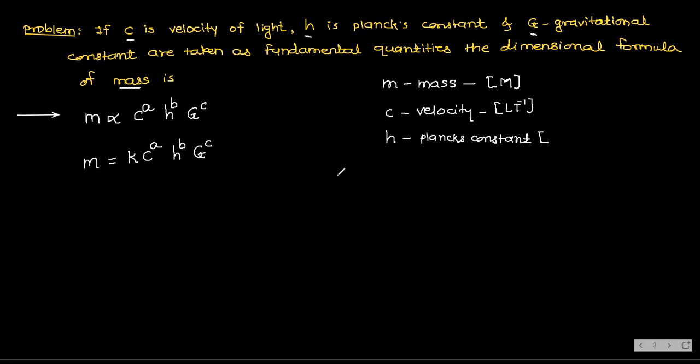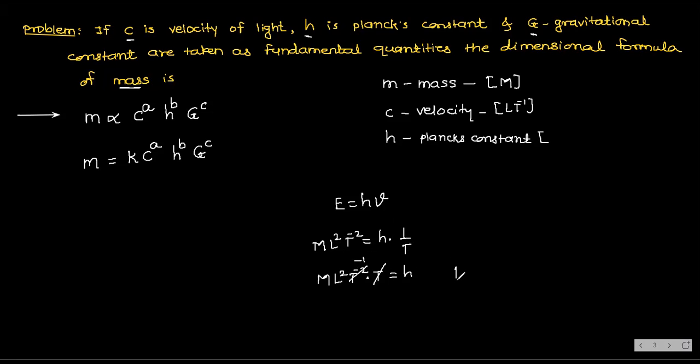So what is the dimensions of Planck's constant? How to find, sir? We don't know this. I will tell you. We have one relation E is equal to H into nu. Nu is what? Frequency. So E is energy. Energy dimensions you know M L square T power minus 2 is equal to H into this frequency is reciprocal of time. So this time went this side. So M L square T power minus 2 into this T is equal to H. So this plus 1 and this minus 2 will get cancelled.